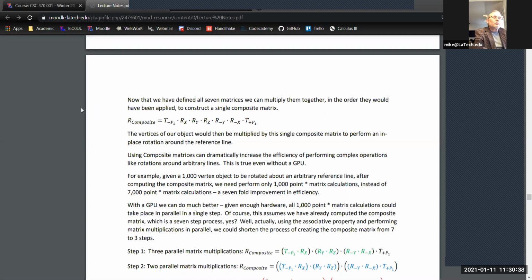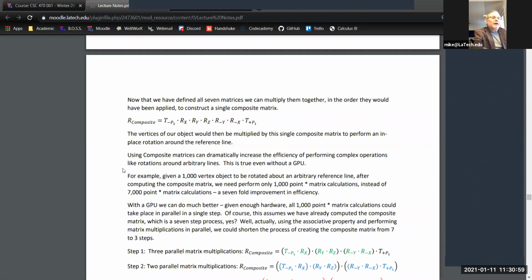But if I had enough hardware, I could have 1,000 copies of my composite matrix, and I could run 1 point times each of those, and bam, I could do it in 1 step. That'd be a lot of hardware, obviously, but I'm just showing you, if you had enough hardware, there's no mathematical reason why you can't do all the calculations in parallel.